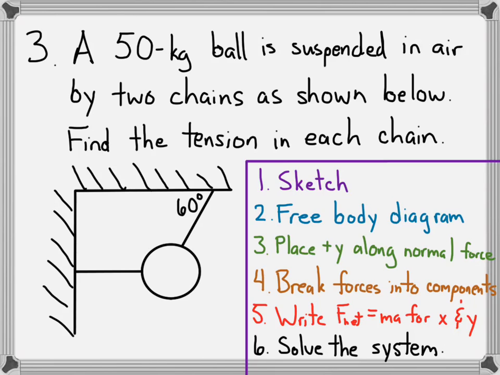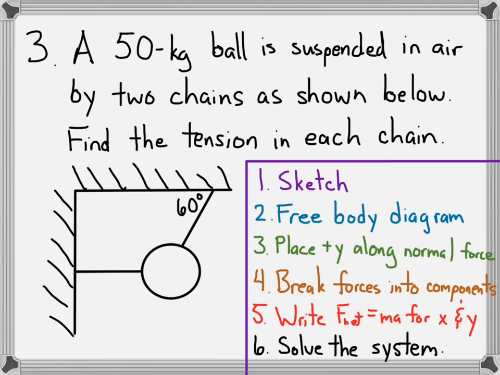A sketch has already been given to me, so in a sense I have a lot of the work for step one done for me, but it's still useful even on that sketch to fill in any missing information from the text. So I'm going to read the problem. It says a 50-kilogram ball is suspended in air by two chains as shown below.